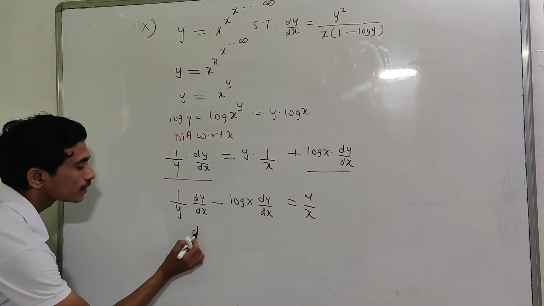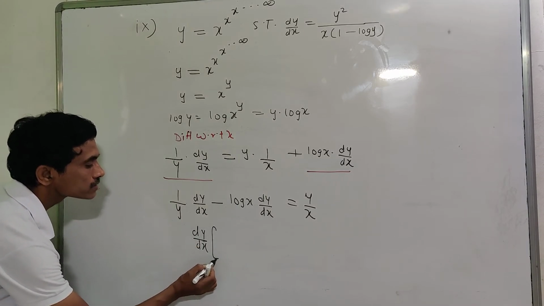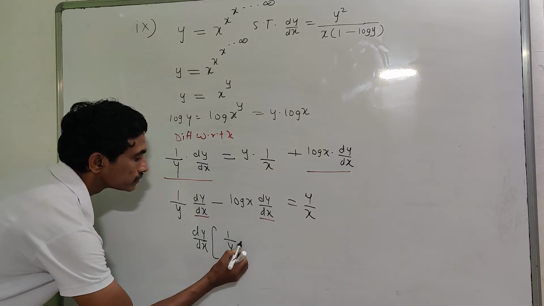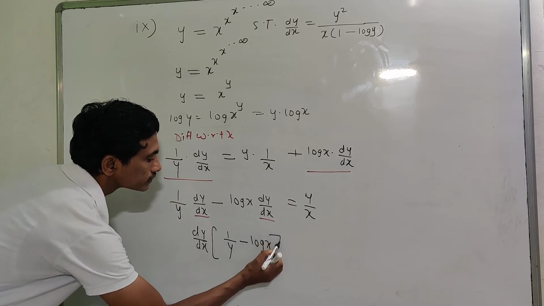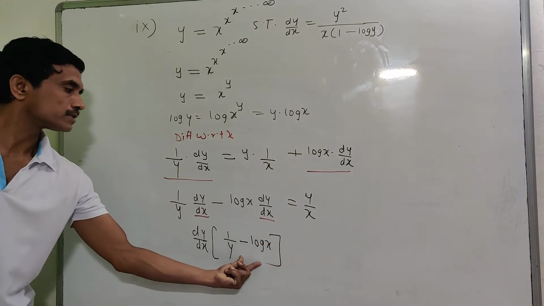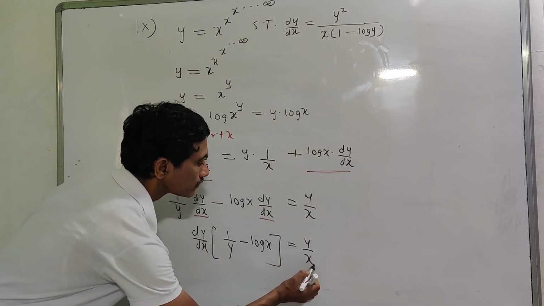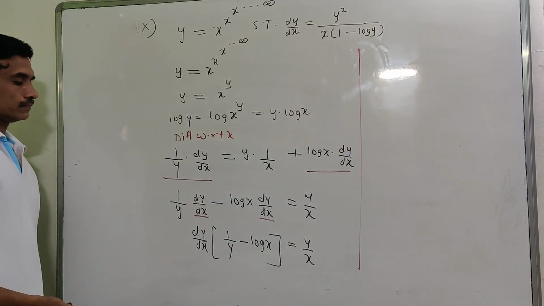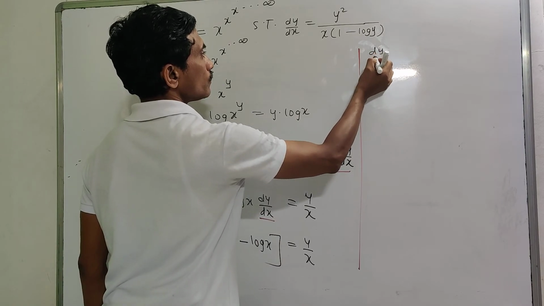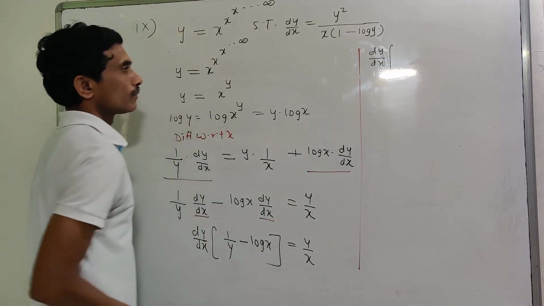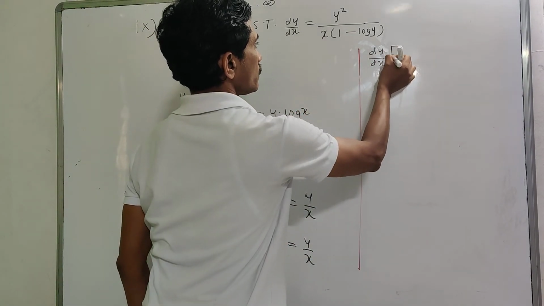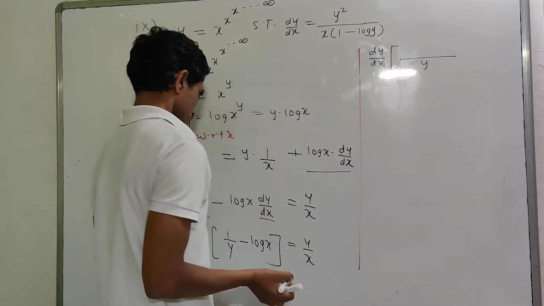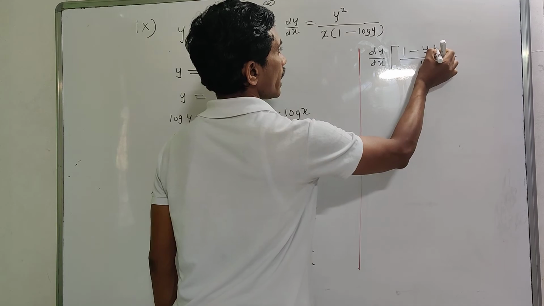Taking dy by dx common, we get 1 by y minus log x. Take the LCM, LCM is y. dy by dx into, the LCM of the denominator is y, 1 minus y into log of x.